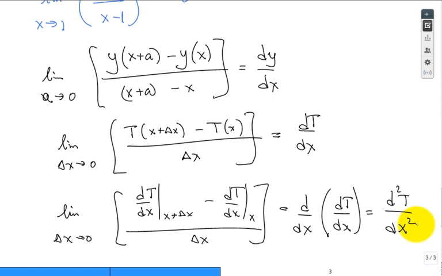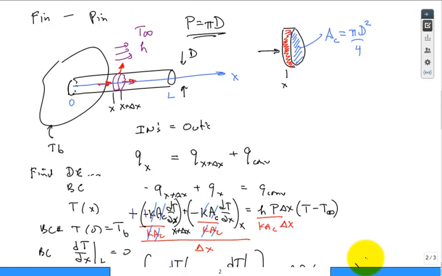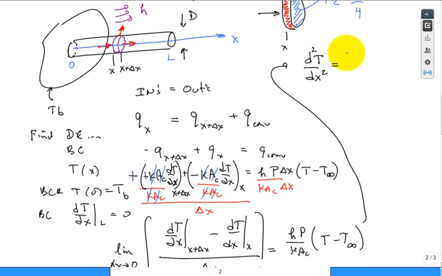Little math review. So now we go back and we say, hey, our fin equation, I know I kind of went off the page there a little bit, but it's going to be the second derivative of temperature. We're going to have this term, maybe I should scoot down so you can see it, h p divided by k A sub c, times T minus T infinity.